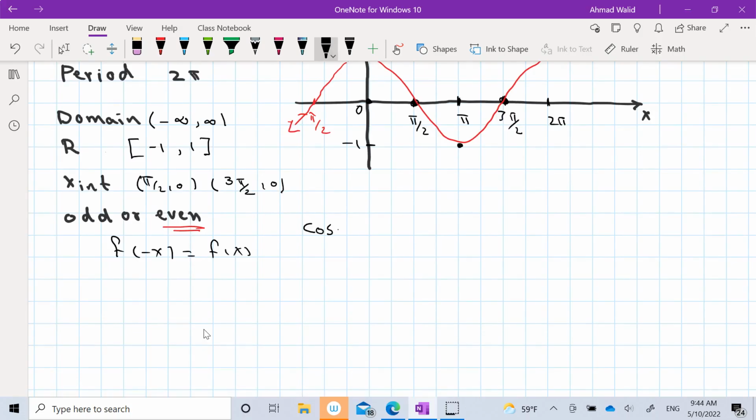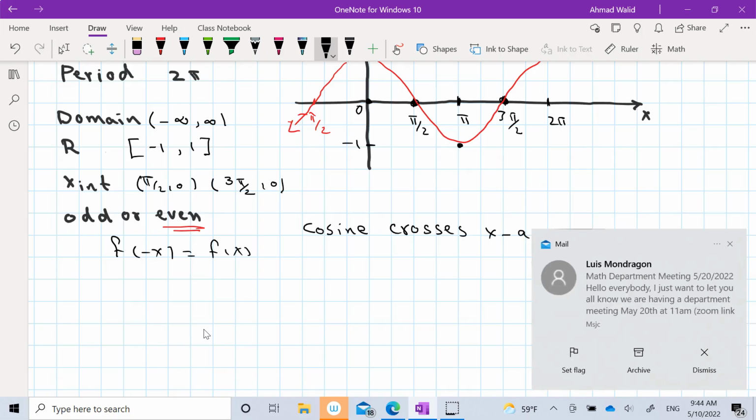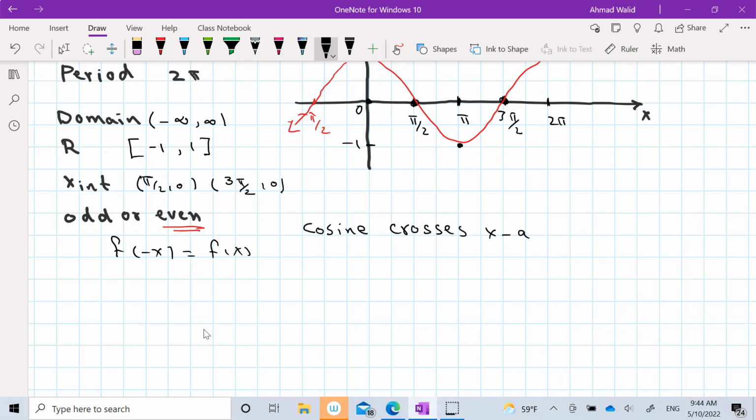A very important note: like sine, cosine crosses the x-axis at quarters. Because it's a standard graph, I told you pi over 2 and 3 pi over 2, but in general, when your period is changing, cosine crosses the x-axis at every quarter.